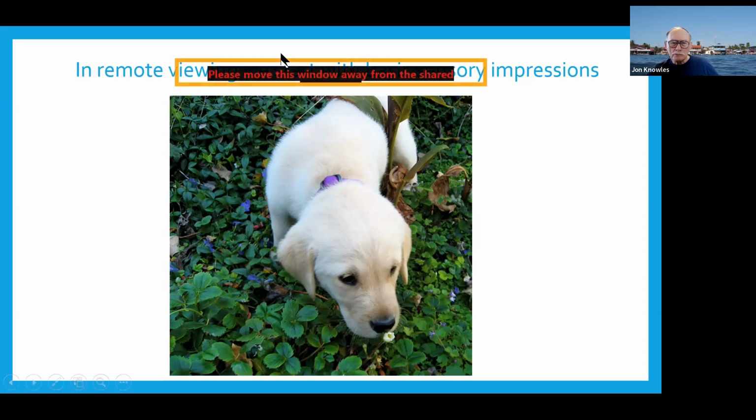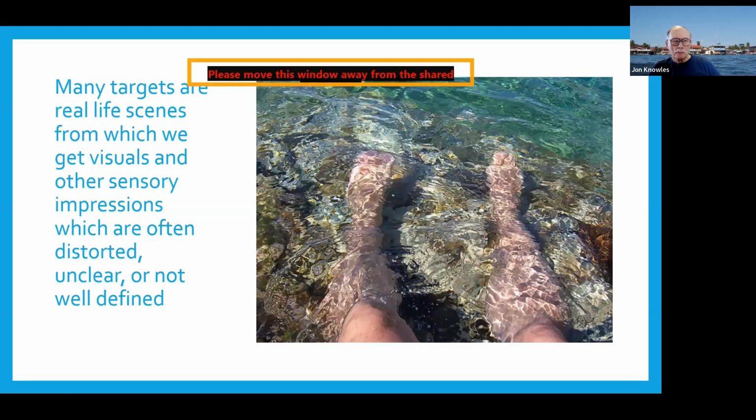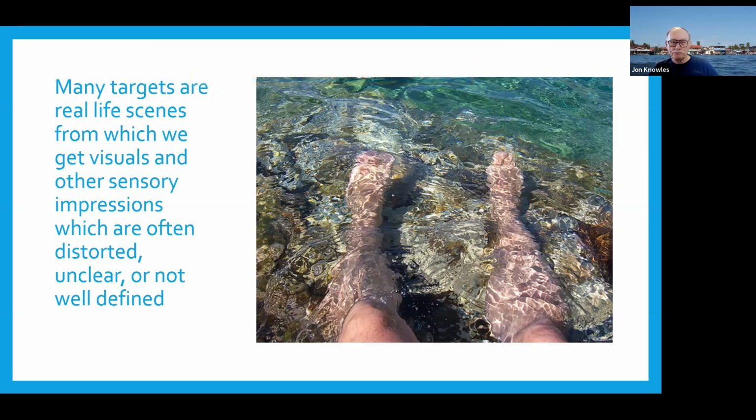So in remote viewing, we get sensory impressions, although we don't often get nose impressions, smells very strongly, at least most of us don't. Many targets are real life scenes from which we get visuals and other sensory impressions, which are often distorted, unclear, or not well defined.